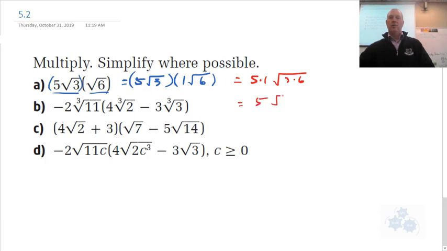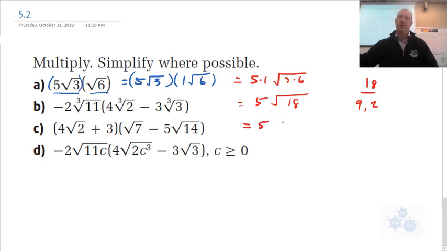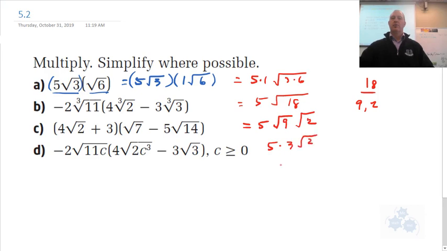This is 5 root 18. Now, can root 18 be simplified? Because we should simplify. Is there a factor of 18 that's a perfect square? Yep, 9. I can pull that 9 out right away. I can start showing less work if you're understanding this now, but I'll write it anyways. Root 9 times root 2. So this is 5 times 3 root 2, or 15 root 2. Make sense?